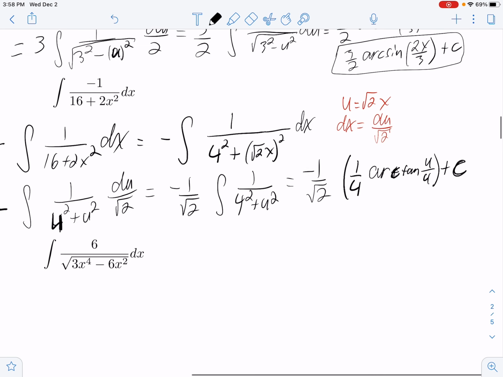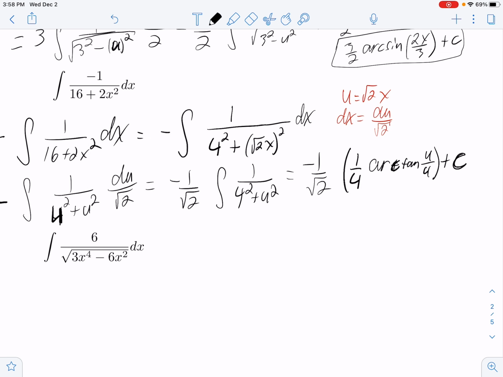And then we should plug u back in. u is the square root of 2 times x, so this is negative 1 over the square root of 2 times 1 over 4 arctan of the square root of 2 times x over 4 plus c. All right, so if you know the integration rules, it's just using our u substitution from earlier.